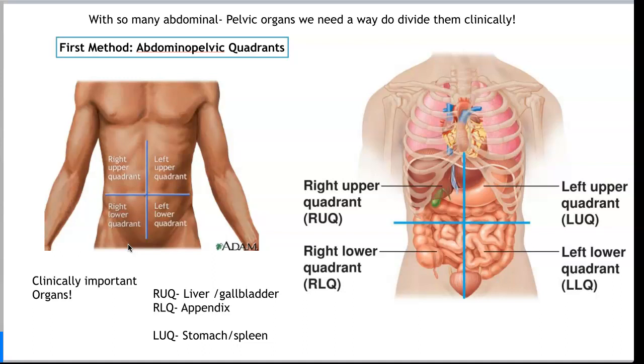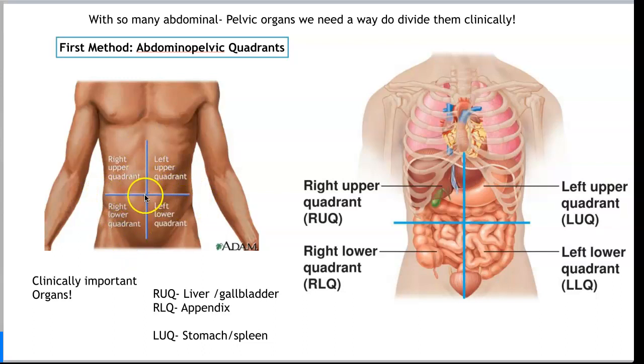The first method that we divide our abdominal pelvic area is through what we call quadrants. Quad means 4. We are going to divide the abdominal pelvic area into 4 sections.